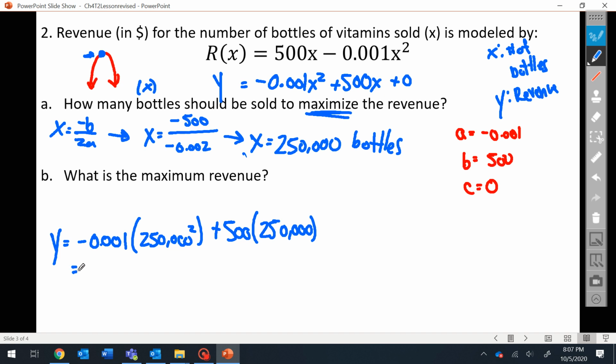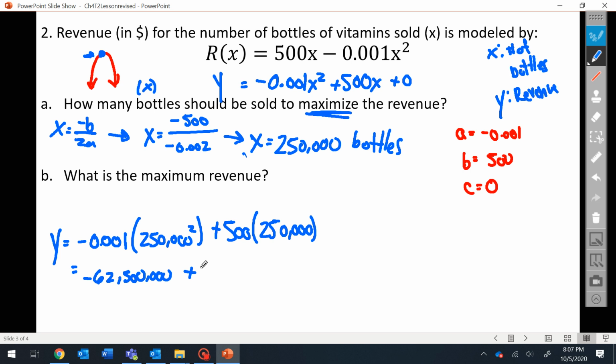All right, so we need to evaluate this first part, so 250,000 squared times negative 0.001. So that gives me, this first term is negative 62,500,000.